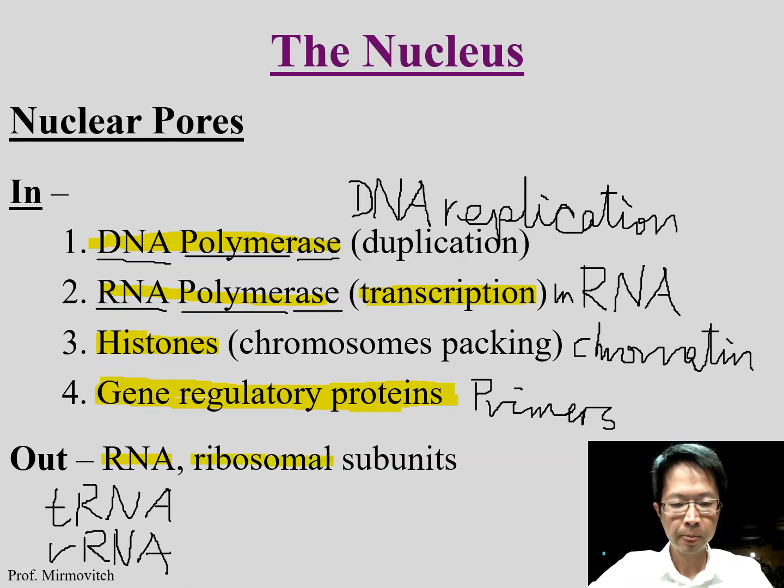So you have ribosomal RNA and transfer RNA. Of course, you also have the messenger RNA, because the messenger RNA moves from inside the nucleus to outside of the nucleus into the cytoplasm.